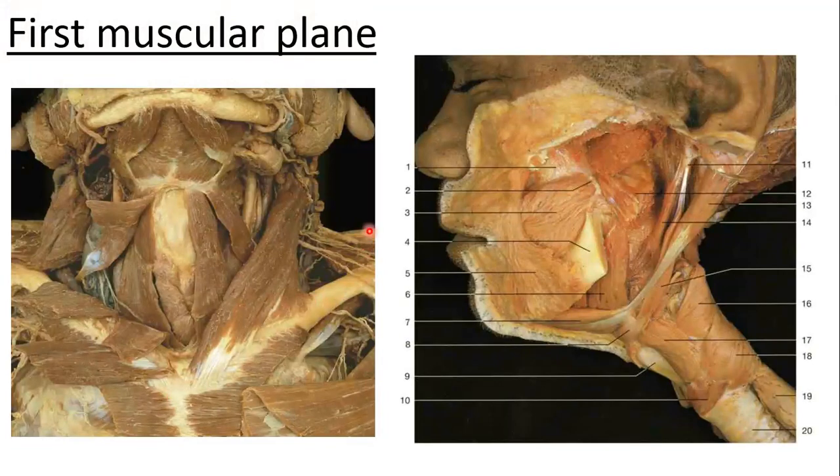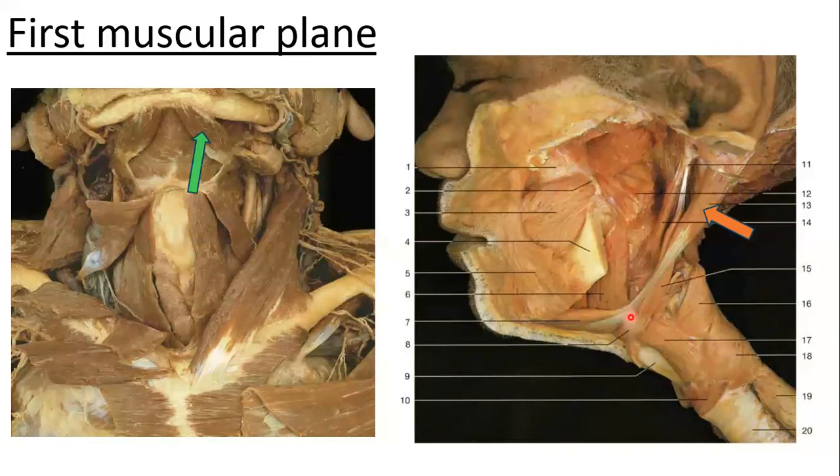So that is the anterior belly of the digastric over there. Then that is the posterior belly of the digastric. For the anterior belly of the digastric, it is attached to the digastric fossa on the inner part of the mandible, and then it meets the posterior belly via this intermediate tendon.